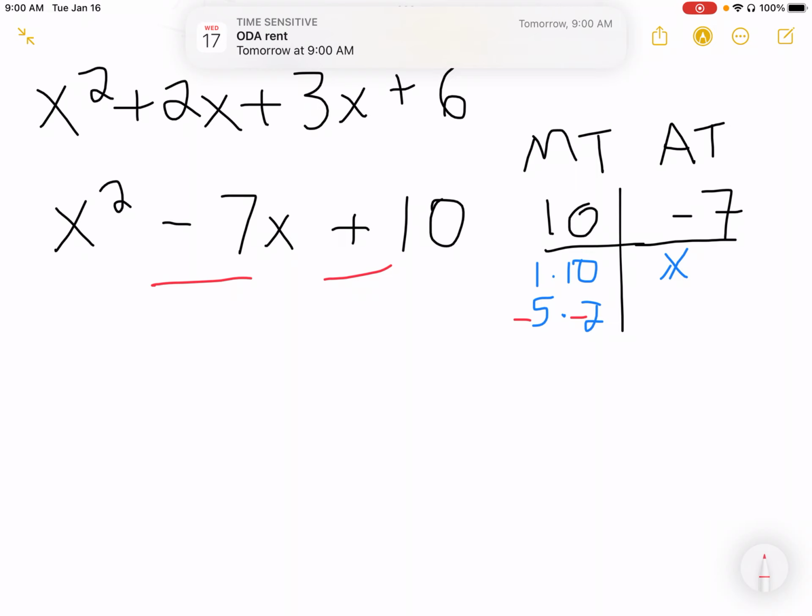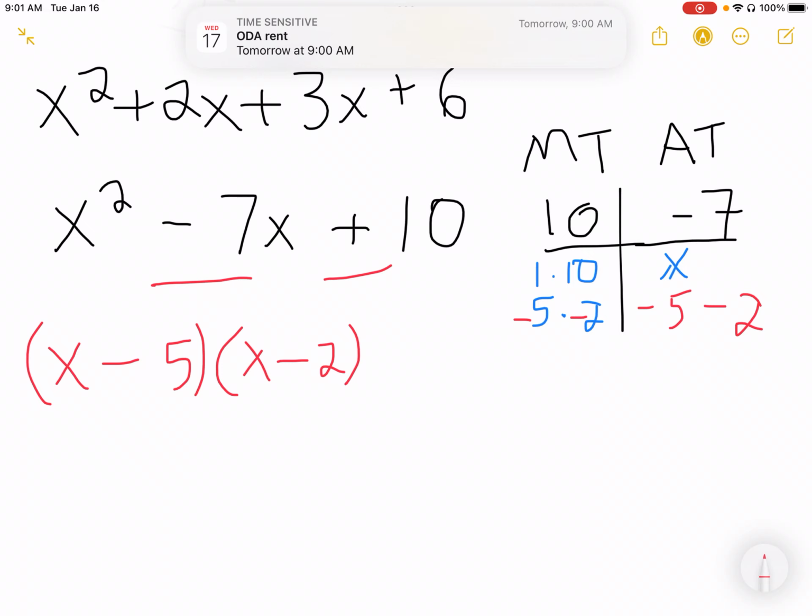If I just picked minus 5 and positive 2, I'd get minus 10. But if I did minus 5 and minus 2, I'm going to get minus 7. So for this one, x minus 5 times x minus 2 is going to work.